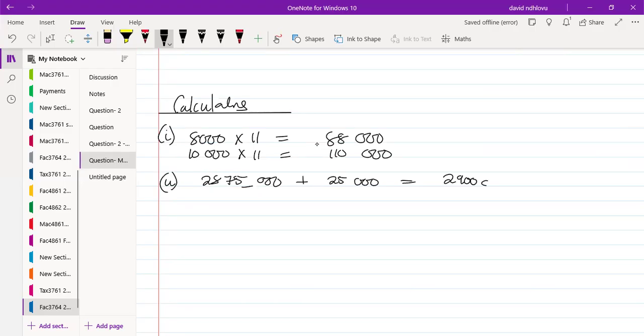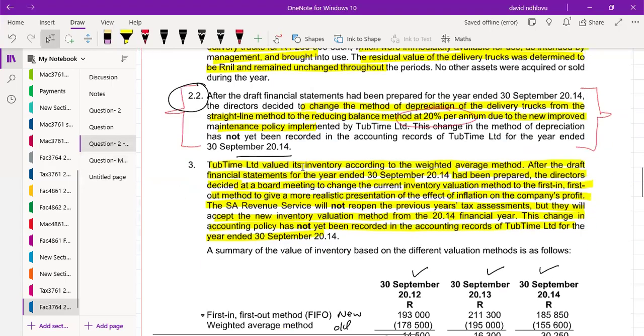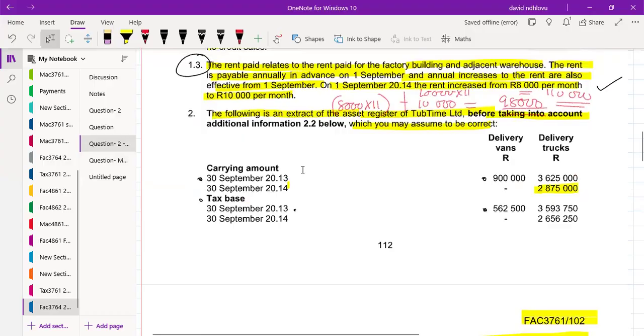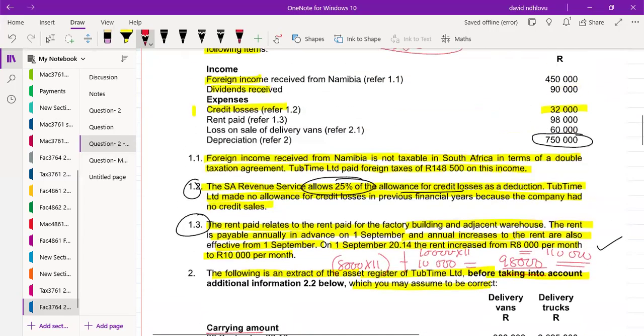Are you following? Can you please repeat again? Remember, this figure is given. This is the carrying amount at the end of 2014. But remember, there's since been a change in the estimate of depreciation. When we were calculating this figure, it is based on a depreciation of 750,000 rand.